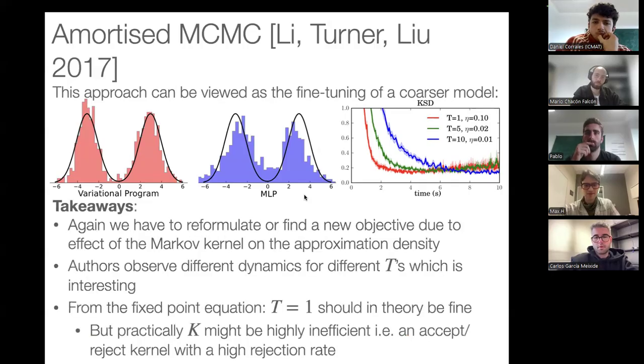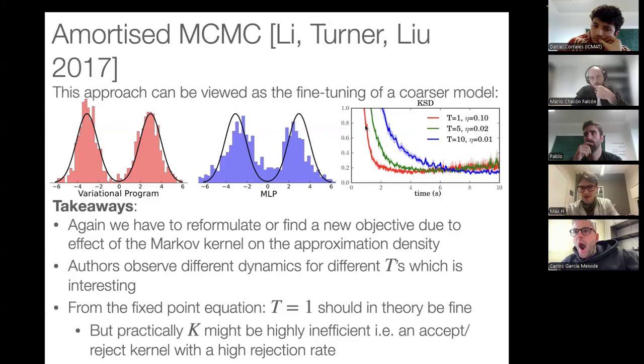Okay, and here is an example from the paper where they're attempting to approximate this bimodal distribution. In the middle case, they use a multi-layer perceptron, and in the left-hand case, they have a very simple variational approximation that they then push forward through a Markov kernel. I think it's the Metropolis-adjusted Langevin algorithm, the kernel of that MCMC algorithm. And on the right-hand side, you can see the kernelized Stein discrepancy between the variational distribution and the target.